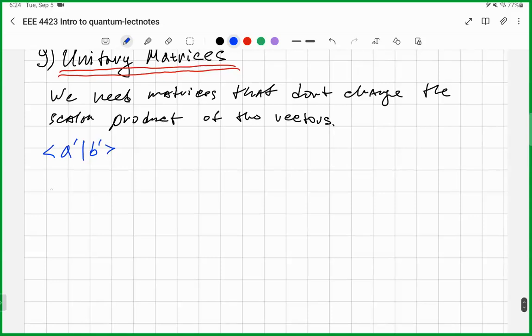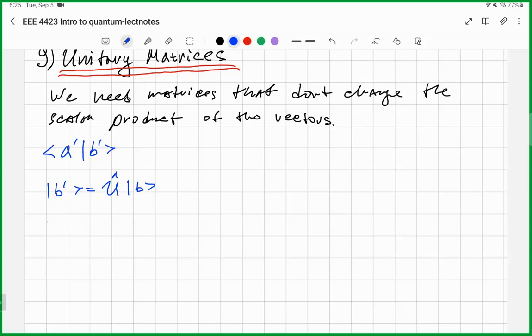So the vector B, which we got after transformation, is written as the product of a matrix, let's denote it by U, which transforms the initial B vector to the vector B dash, right?